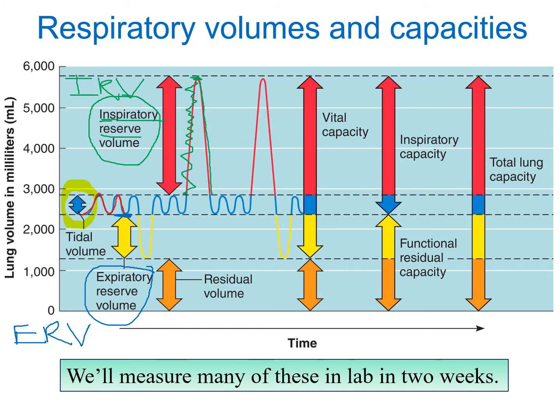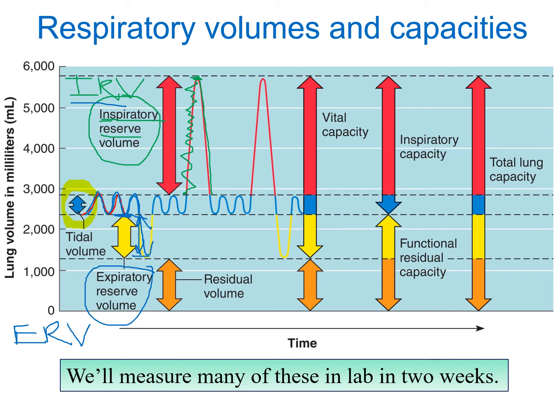So the person is inhaling, exhaling, inhaling, exhaling, and then the technologist says, blow all the air out as far as you can before you have to take another inhalation. That is the ERV. You'll notice it's not as much air as you could potentially inhale; the ERV is lower than the IRV.